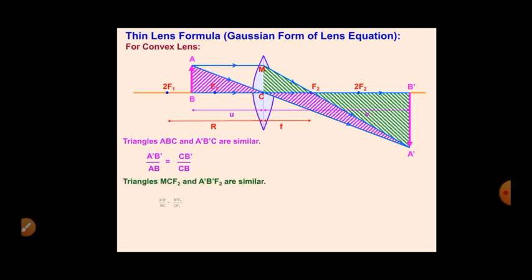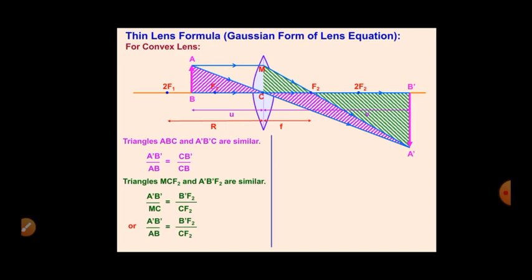So you can see now the comparison of sides, here A dash B dash is compared with MC, and B dash F2 is compared with CF2. Now as this distance MC is exactly equal to AB, we can also write A dash B dash upon AB is equal to B dash F2 upon CF2.